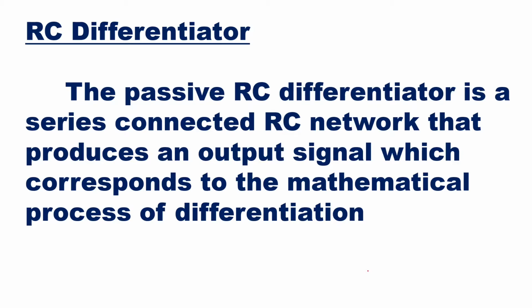If you see the basic definition, the passive RC differentiator is a series connected RC network that produces an output signal which corresponds to the mathematical process of differentiation. That means this circuit performs mathematical differentiation, and that is why it is called a differentiator.